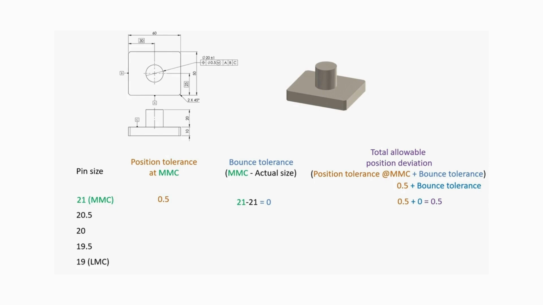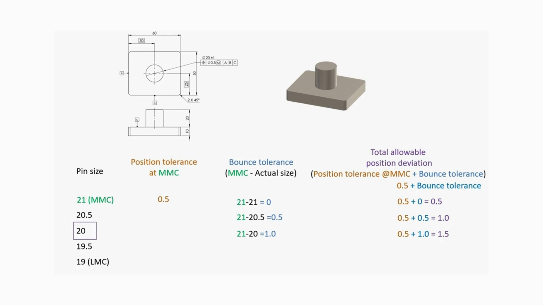If the pin is produced at 20.5 millimeters, bonus tolerance will be 21 millimeters minus 20.5 millimeters equals 0.5 millimeters. So the total positional deviation will be 0.5 plus 0.5 equals 1 mm. If the pin is at 20 millimeters, bonus tolerance will be 21 minus 20 equals 1 mm.